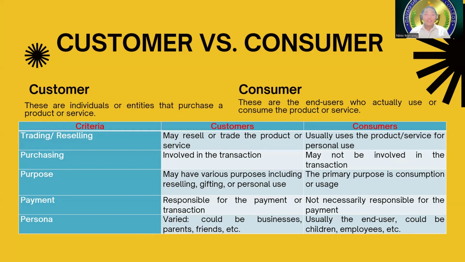Another criteria here is purpose. Customers may have various purposes, including reselling, gifting, or personal use. For consumers, the primary purpose is consumption or usage. Example: a gym owner buys a set of yoga mats.